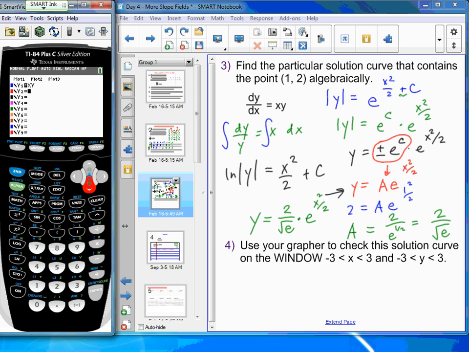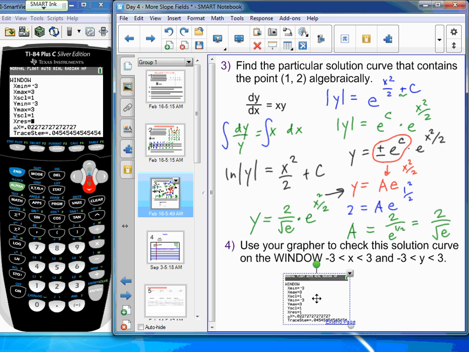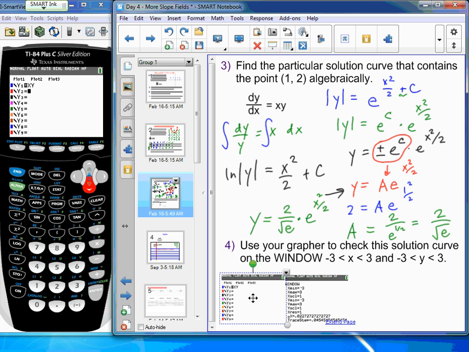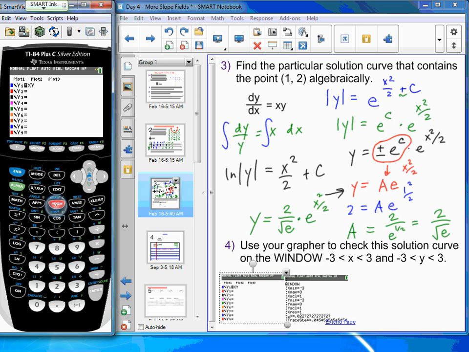Now we need to adjust our window. Negative 3 to 3. So manually adjust your window, please. So we've got negative 3 to 3. You guys good? Ready? So now what we're going to do is program, execute.